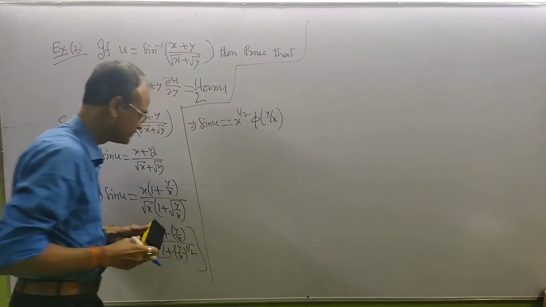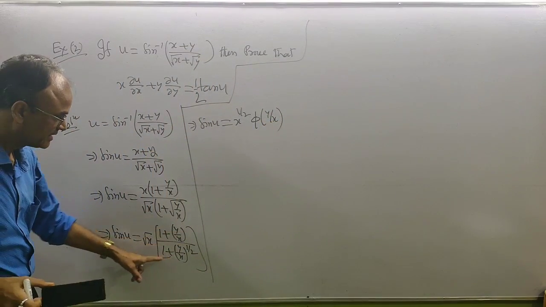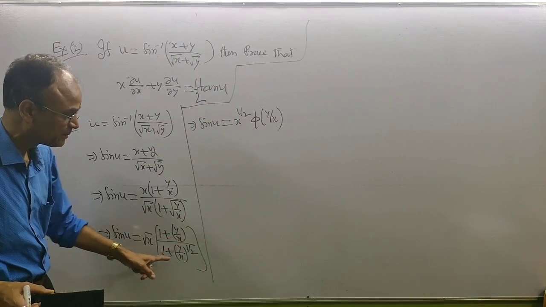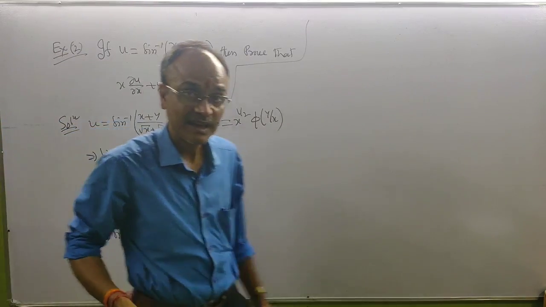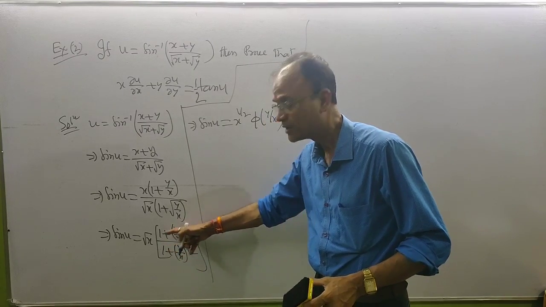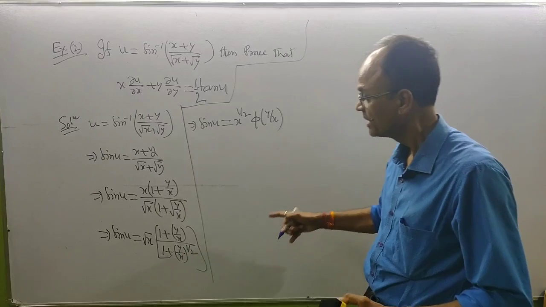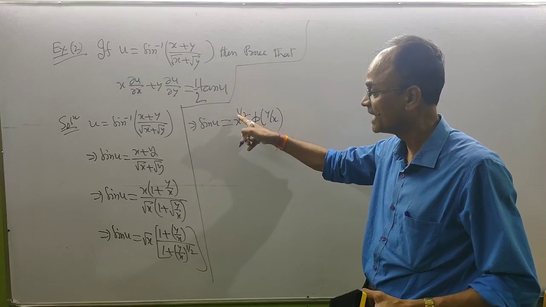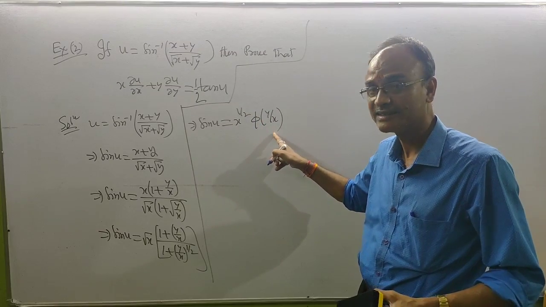You may write like this. It is a function, the terms within the bracket. You see, (1 plus y by x) divided by (1 plus y by x) whole to the power half. Therefore, this is a function of y by x. Sin u equal to x to the power half times a function of y by x.